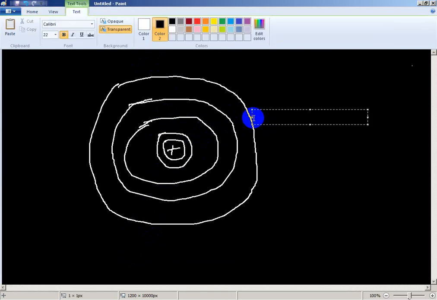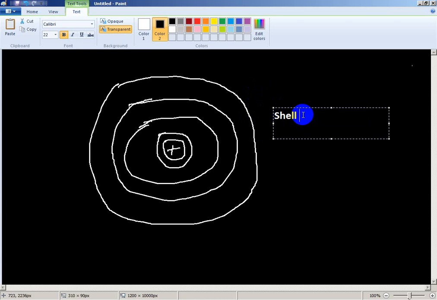Electrons move around the nucleus in a certain path or route. This route is called a shell. Shell has other names: energy level, energy shell level, or quantum level, quantum shell.